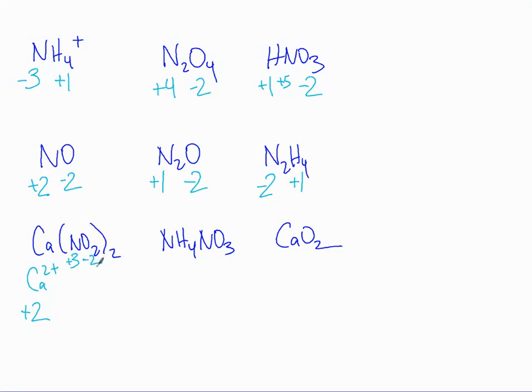Total for the oxygen is -4. This is +3. That makes this whole thing -1. 2 of them would make it -2. So this is how we find the oxidation numbers. We'll talk about this more in class, and it'll help to clear things up here.